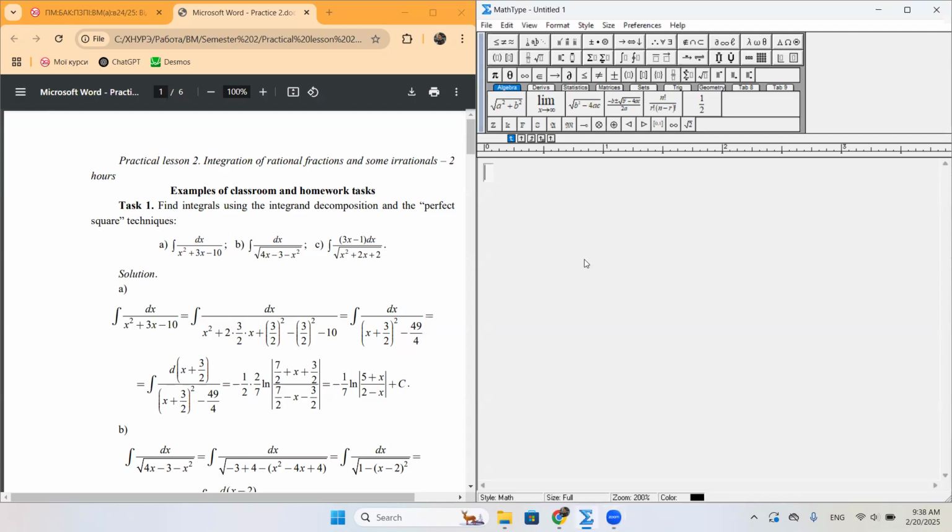The first task is to find integrals using the integral decomposition and the perfect square techniques. Let me write it down and I will explain the idea. So this is 1a.